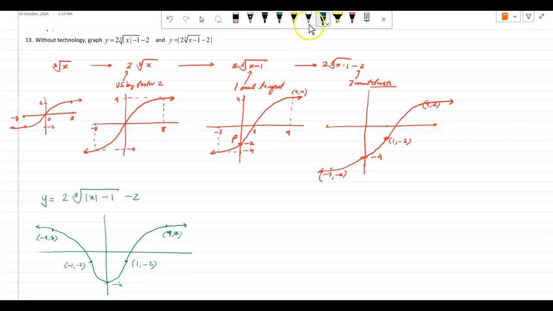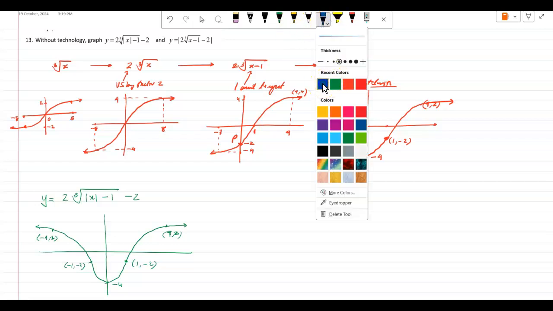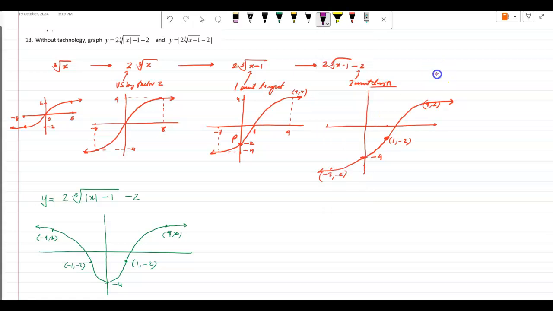Now that whole thing is being modded. So now you keep the original function and you draw everything on the positive side, on the left side, on the negative side. So y is equal to 2 cube root x minus 1 minus 2, all in mod.